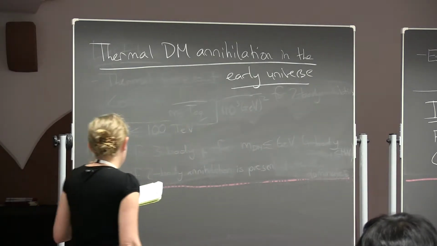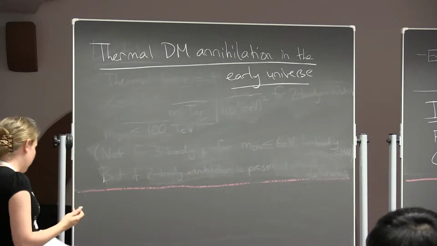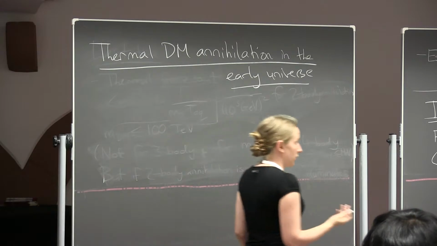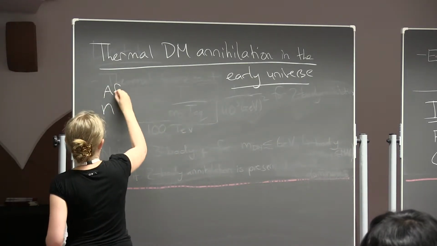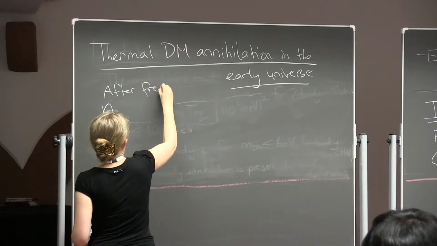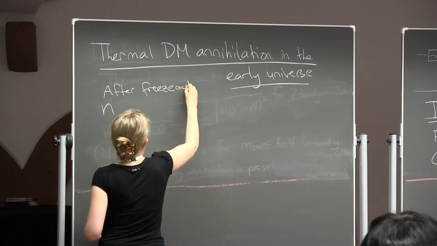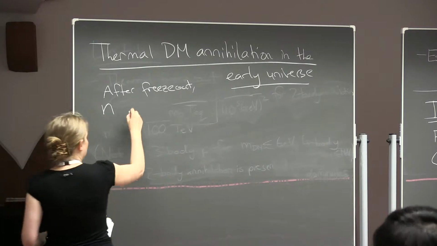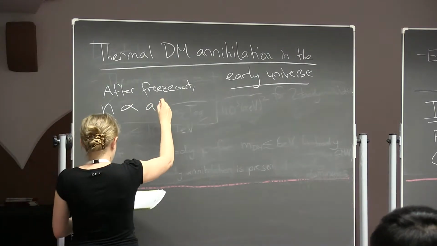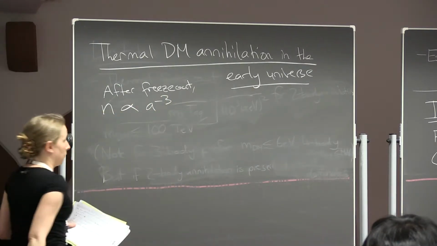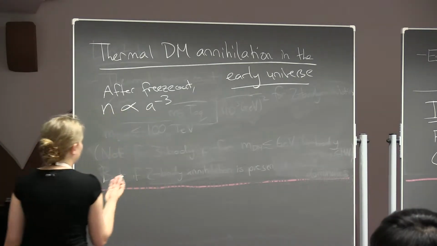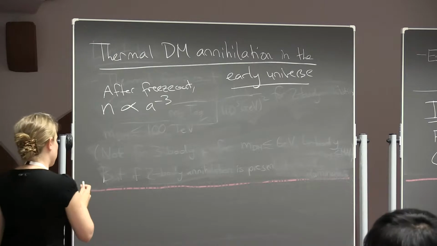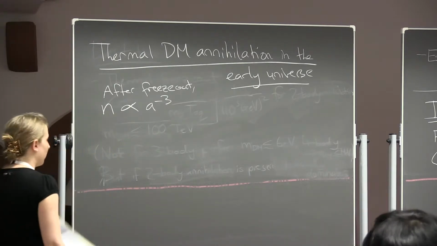Okay, so how does the dark matter annihilation rate scale with time? Well, we know that if a is the scale factor, then the number density of dark matter after freeze-out scales roughly as a to the minus 3, unless there's something else that is producing or depleting more dark matter.